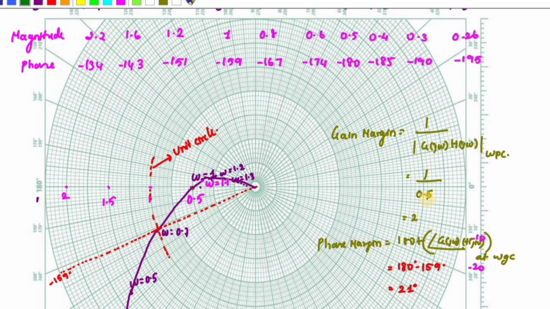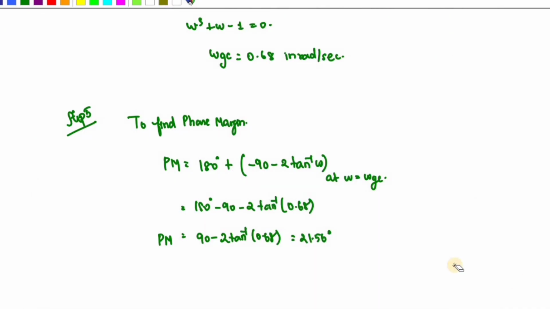In the polar plot it is in linear scale, so if you take 20 log of this 2, you will get 6 dB. So that is the change; I'm telling this in the Bode plot. And you can see the phase margin is 21 degree. So for both the problems, I'm getting the same answer.